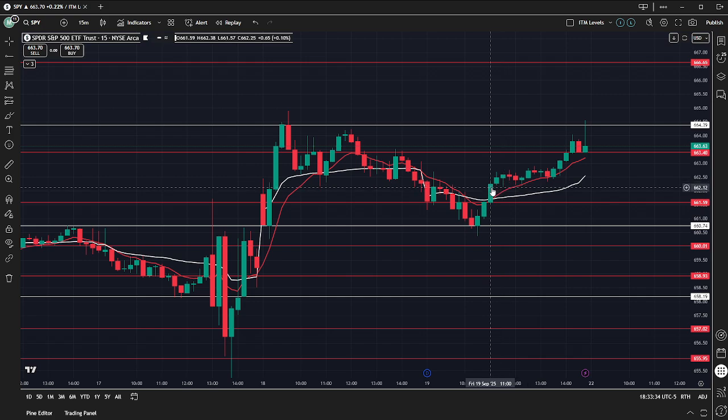VWAP, I use it whenever we're like in this case right here. I was looking for a push back above VWAP. VWAP helps me determine if we're having a choppy day. Sometimes if it's a little bit of a choppy day, in this case we lose VWAP and we hold below EMAs. I like to push down to the downside right here.